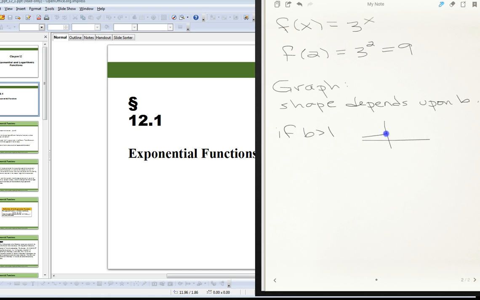So there's our axes, and the shape would look like this. If b is less than 1, and again, remember b has to be a positive number, so there's this unspoken bigger than 0 part also, then the shape of the exponential graph looks something like this. Oops. Let's make that look a little bit better, because that's just ugly. Let's all agree that that's just ugly.